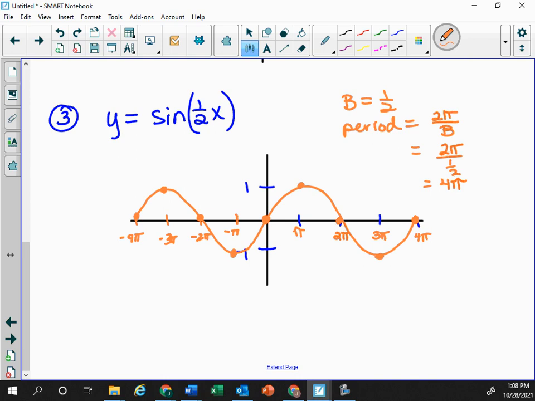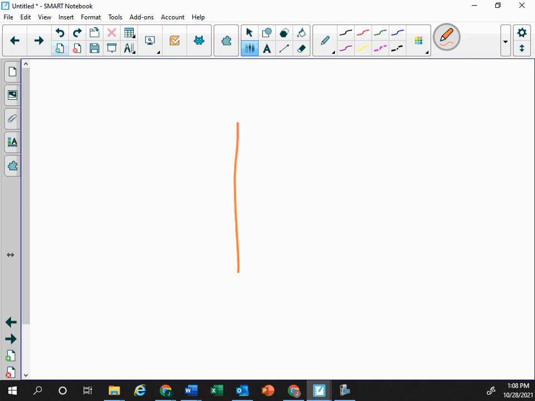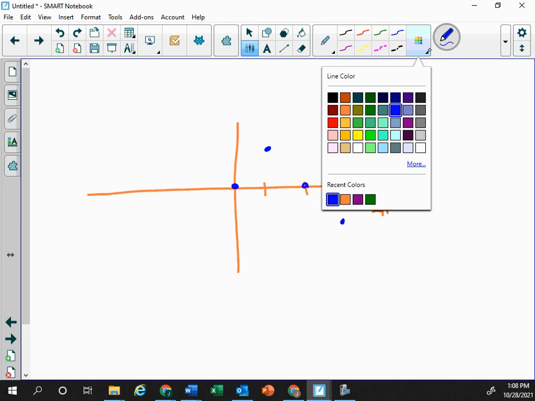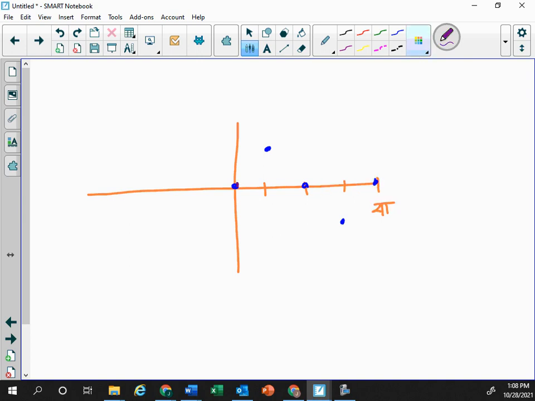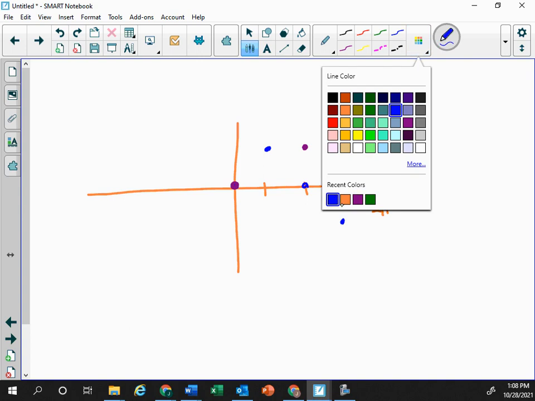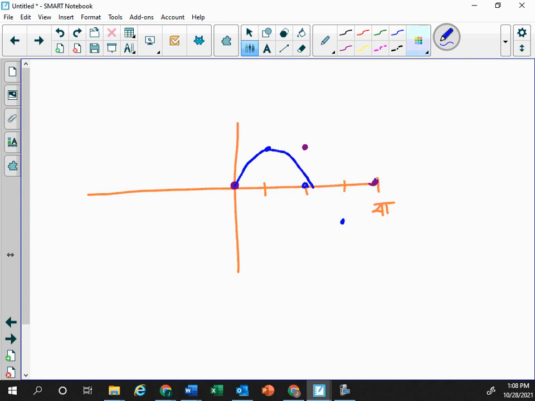If I graphed them together, you guys don't need to write this down. If I graphed only out to 2 pi, the parent graph, I'll do that in blue. And then the stretched out graph. There's the normal one.